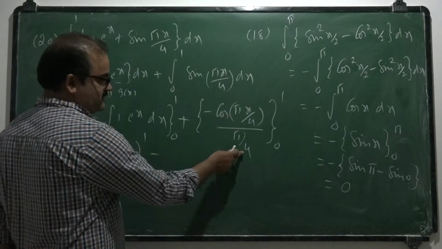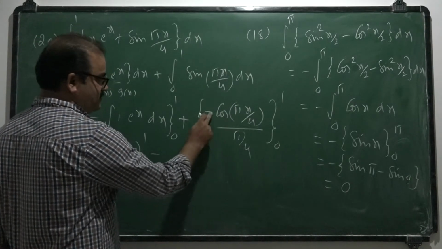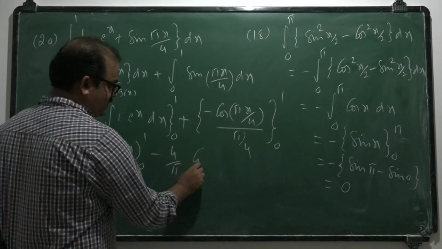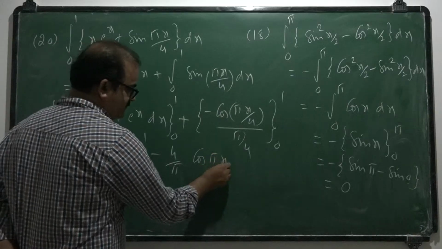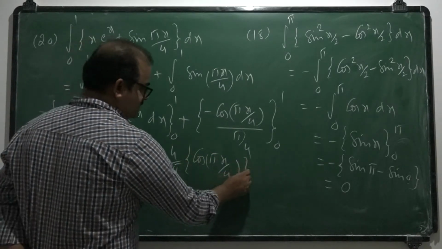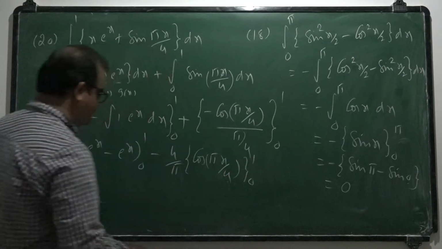Pi by 4 is constant, this 4 goes to the numerator. Plus into minus, minus 4 by pi into cos of pi x by 4 between the limits 0 to 1.